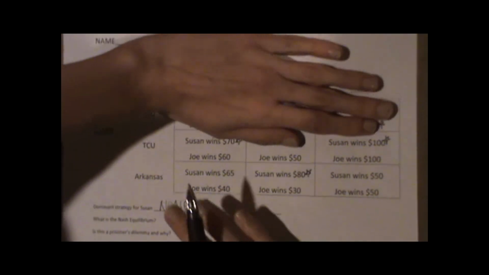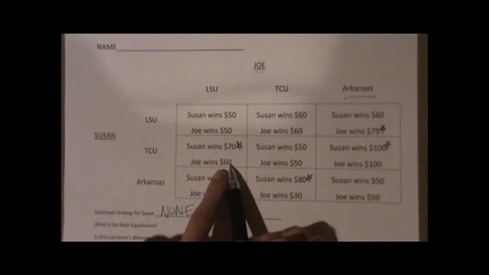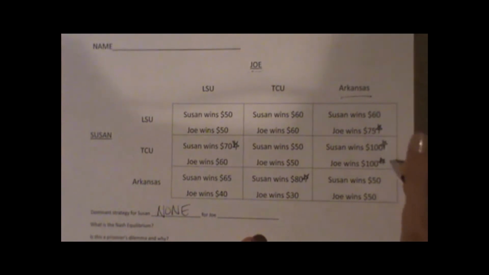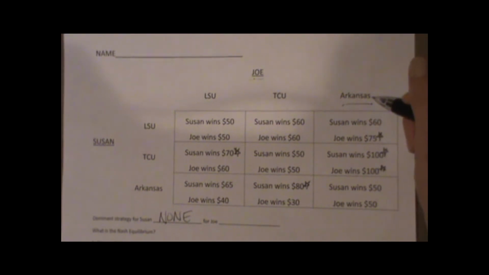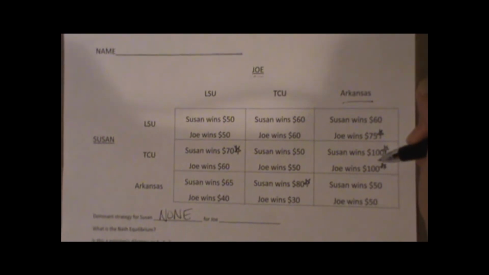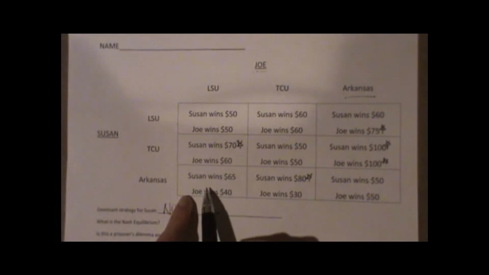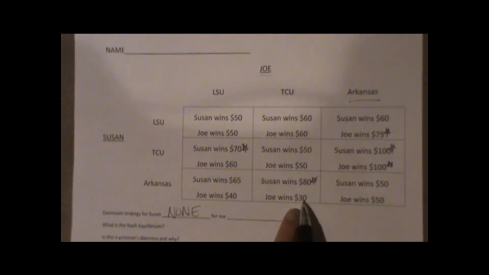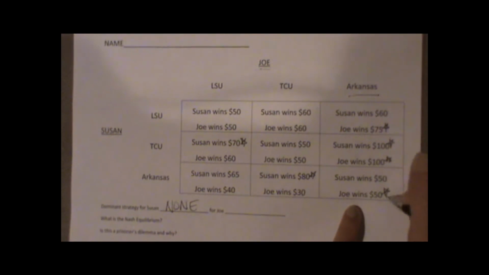What if Susan picks TCU? Then we're looking at this middle row. Joe can win 60, 50, or 100. Here, again, Joe is going to want to pick Arkansas. That gives him the biggest payoff. If Susan picks Arkansas and we're in the bottom row, Joe can win 40 by picking LSU, 30 by picking TCU, and 50 by picking Arkansas.